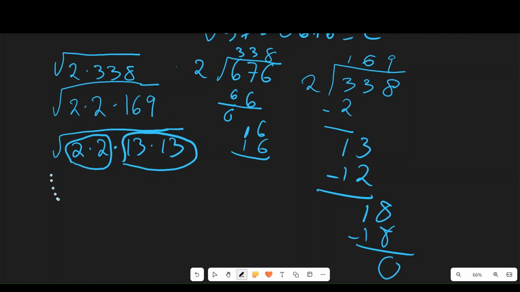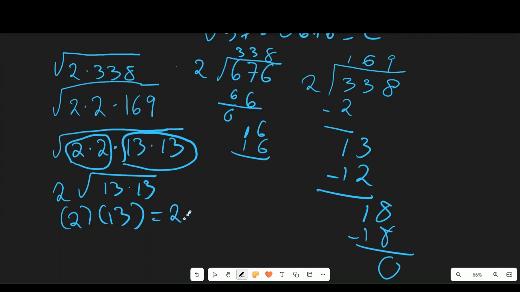So you can imagine that instead of 2 times 2, you can rewrite that as 2 squared, right? But what ends up happening is for every 2 of the same number we get, we just take one version of that out, right? So then this becomes 2 times 13 times 13, or 2 times 13, right? So basically that equals 26, right?